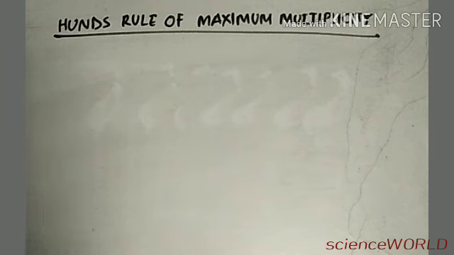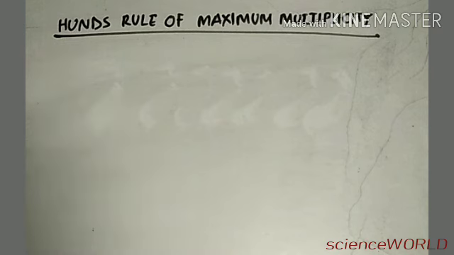In the last we have Hund's rule of maximum multiplicity. It's a very important law, and it will definitely help in chapter number 3 as well as in class 12th. Let's see the statement of this particular rule. Electron pairing in the orbitals cannot occur until each orbital of a given subshell contains one electron each, or is singly occupied.